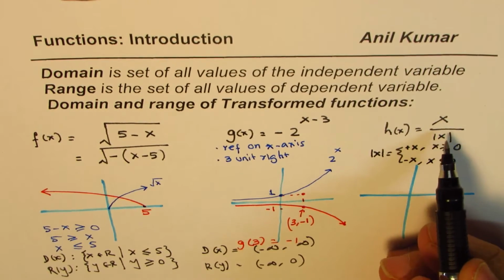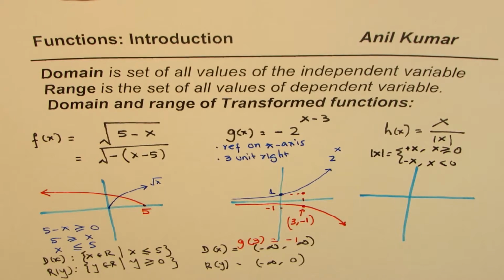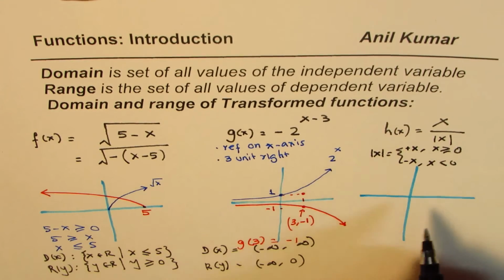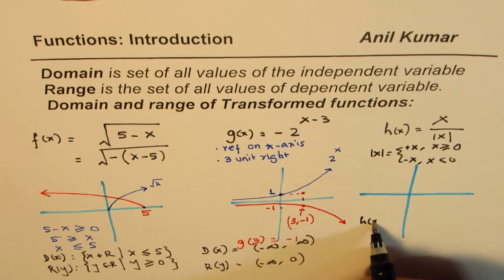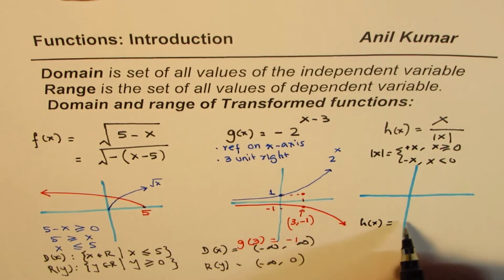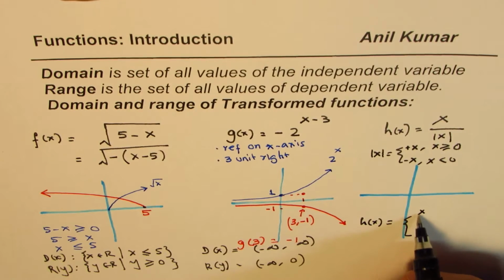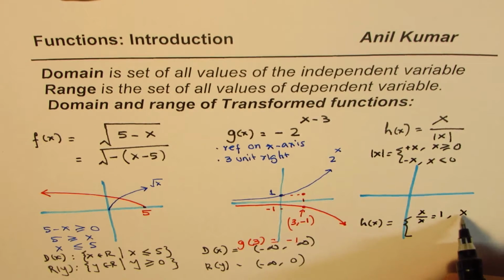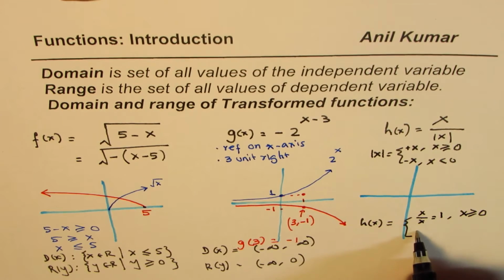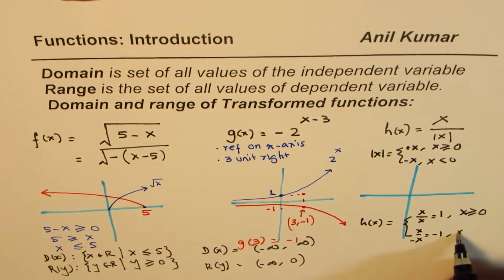So you could write this as a piecewise function. So that gives me a good idea. Piecewise function. So we'll rewrite this function. h of x will be equal to 2 pieces. It will be equal to x over x, which is 1, when x is greater than or equal to 0, but it is equal to x over minus x, which is minus 1 when x is less than 0.